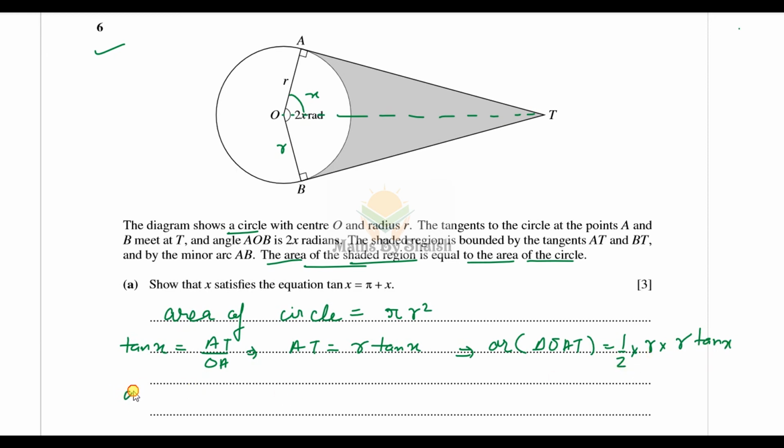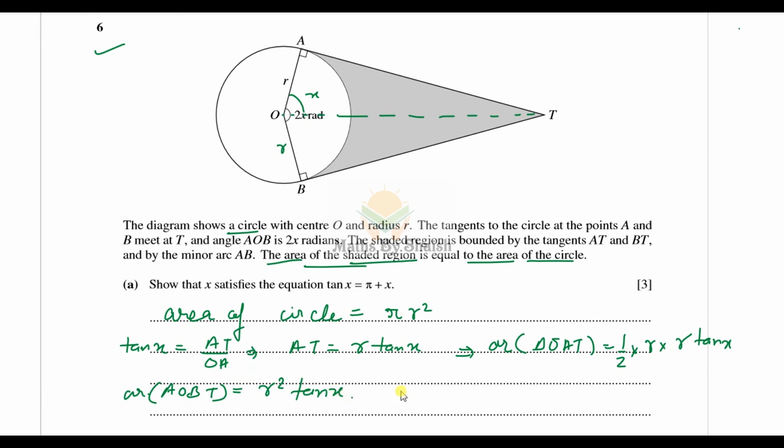So we got the area of AOBT as 2 times of this area, so it is going to be r square tan x.